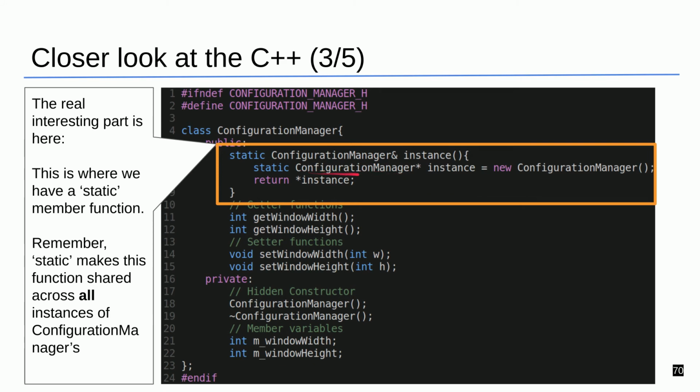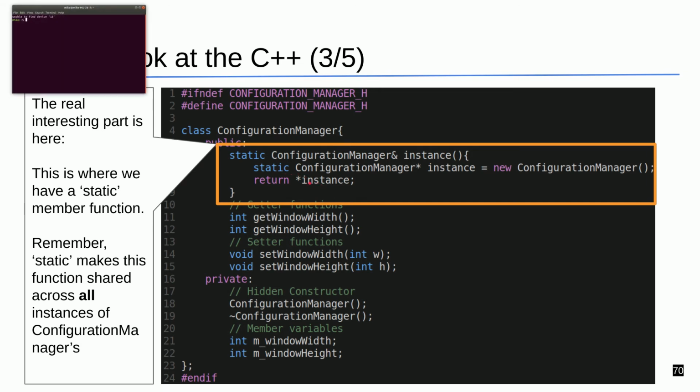What this variable is, it's a pointer, named instance, to a new ConfigurationManager. So it's allocating exactly one ConfigurationManager and returning that instance to us. And because this is shared between all configuration managers, it's always going to give us the same value.